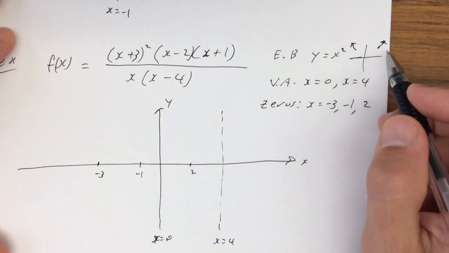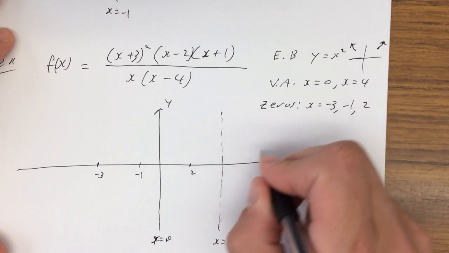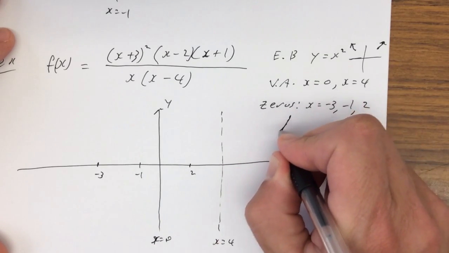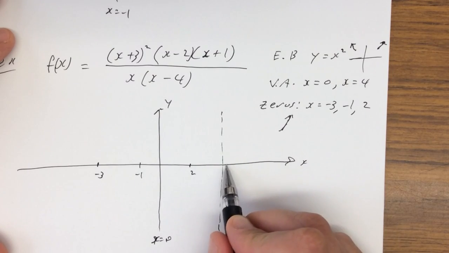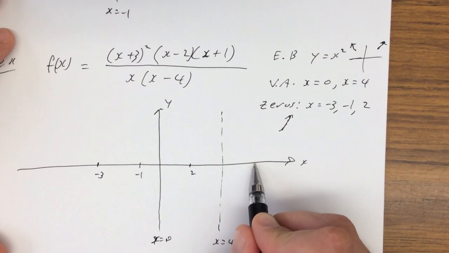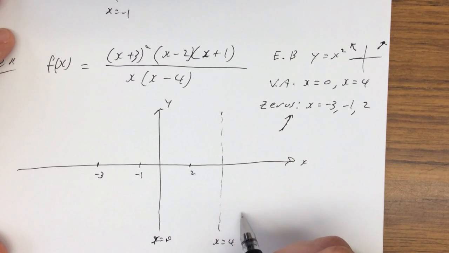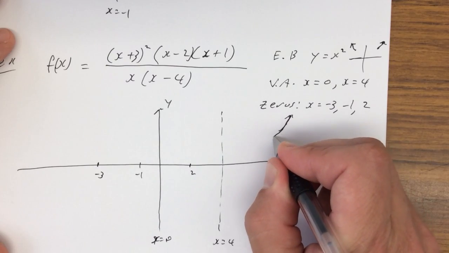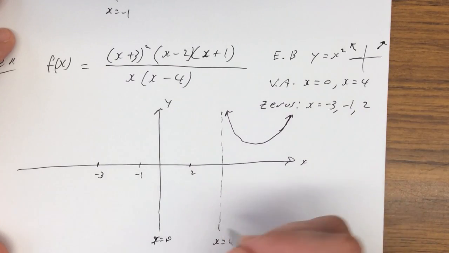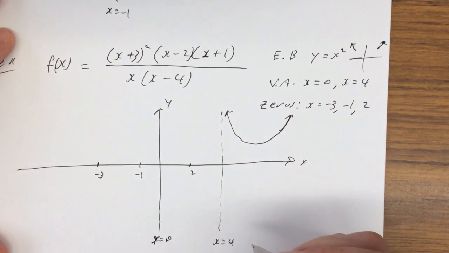Now, looking at the end behavior first. The end behavior out here, it's going to head up like a quadratic. There are no zeros in this section here, so it cannot touch the x-axis or go through it. So the only option, because it can't touch or go through it, is to go back up, like that. Okay.